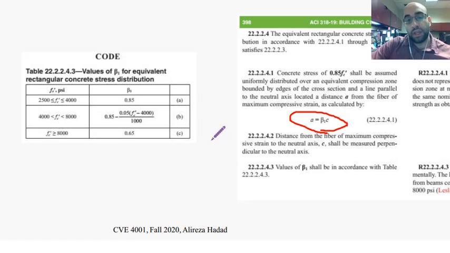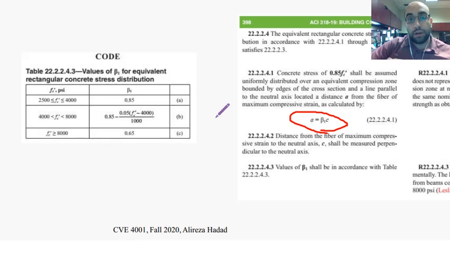These slides that you can see are screenshots of the 2019 version, because I thought that is the version that we need to learn, because once we start working in consultant companies, we need to use the last version of the code. But these parts are pretty much the same in all versions.